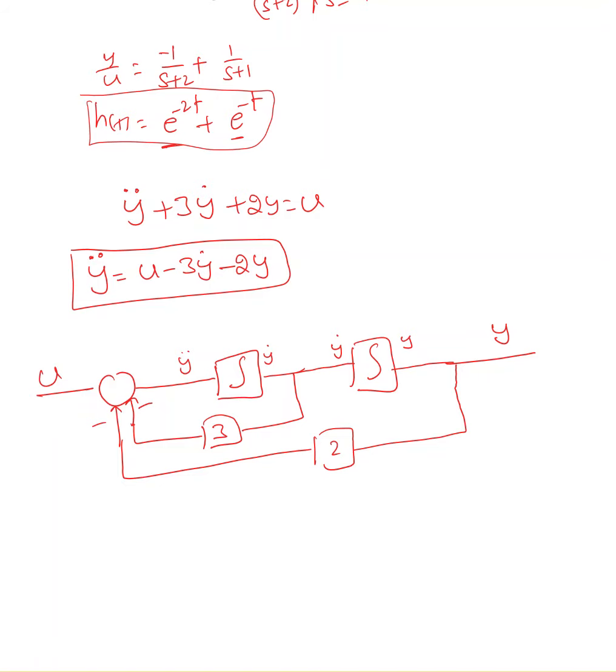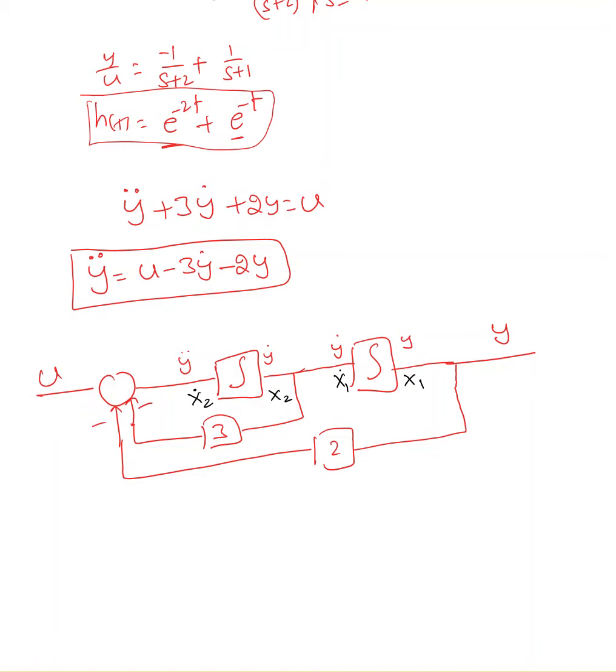So we know how to derive the state equation and output equation from this simulation diagram. There are two integrators, so I'm going to take x1 dot and x2 dot.